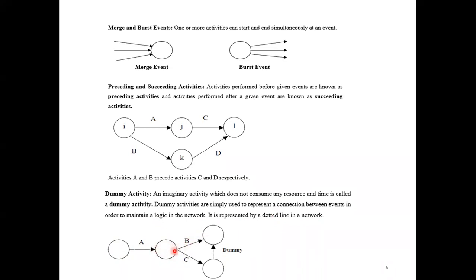Then again, B and C finish together. When B and C finish together, you cannot finish them with a curved arrow. Wherever you finish, you make an event, and from that you can connect through a dotted line. B and C finish, which means another activity may start.